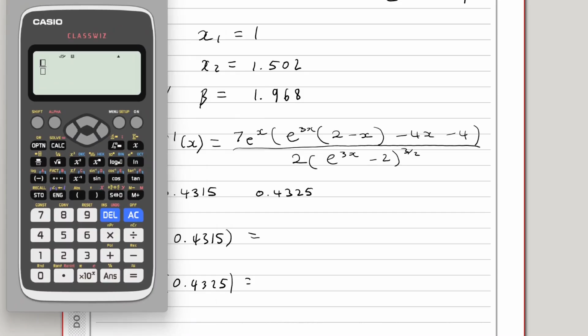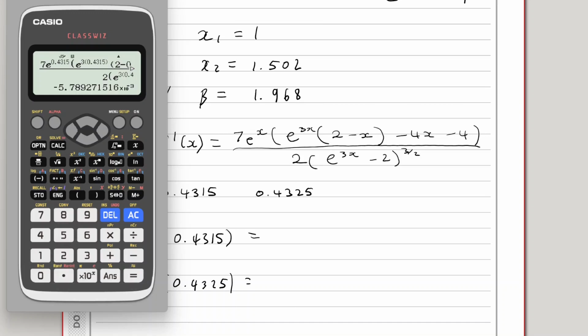So 7e to the power of 0.4315, times e to the power of 3 times 0.4315, times (2 minus 0.4315), minus 4 times 0.4315, minus 4, over (2 times e to the power of 3 times 0.4315, minus 2) to the power of 1.5.